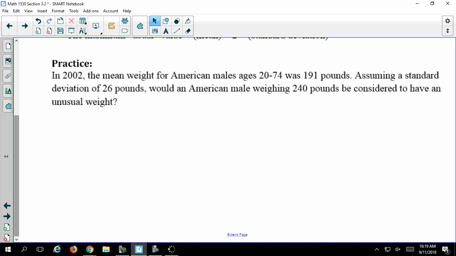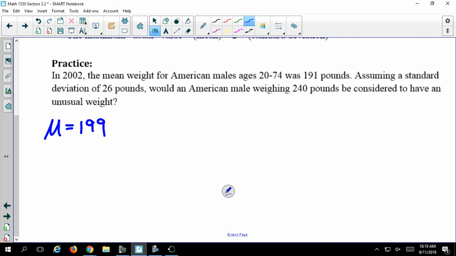So this says in 2002 the mean weight for American males was 191. That's telling you that the population mean is 191, not 199. Messed up there. 191. Okay? And it has a standard deviation of 26, so that means sigma is 26. That's the population standard deviation.